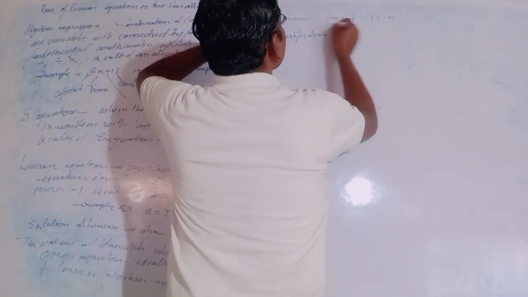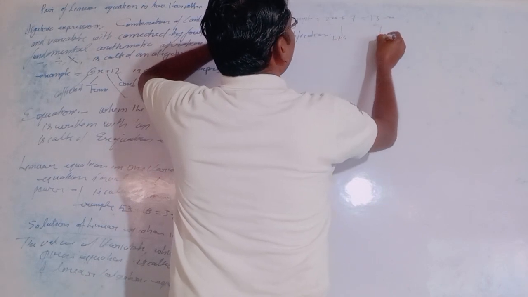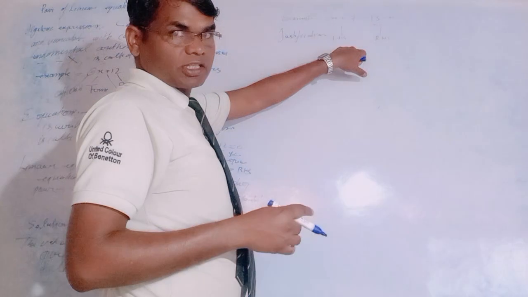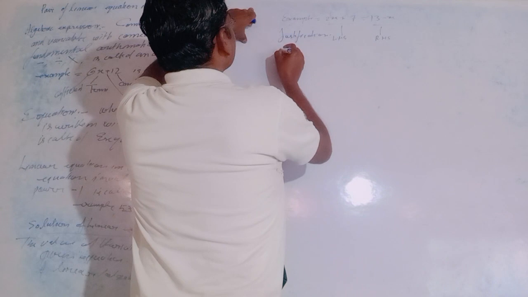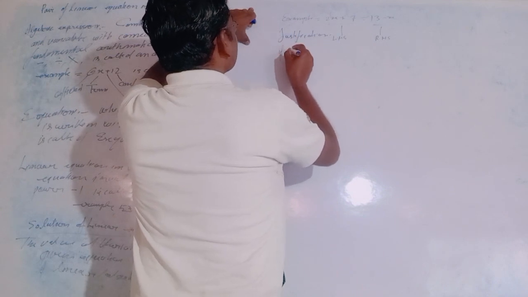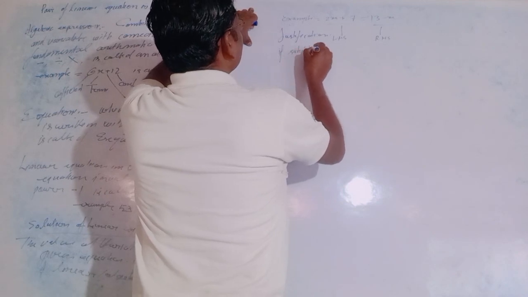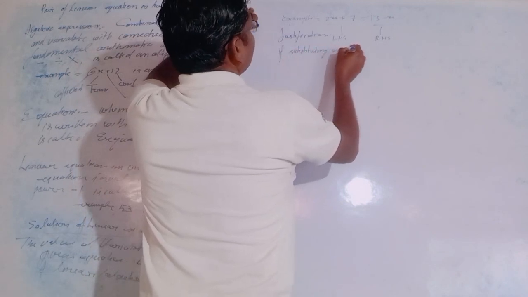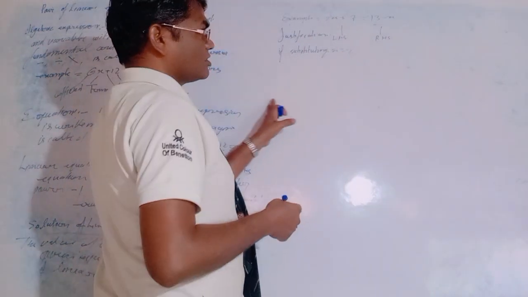So on substituting values, this part is called LHS and this part is called RHS. LHS and RHS, left hand side and right hand side. And if we substitute x is equal to 2, the value should satisfy this equation.